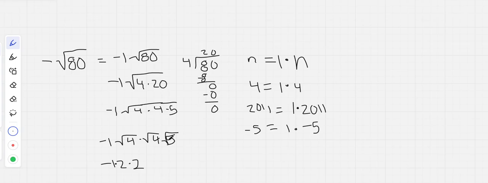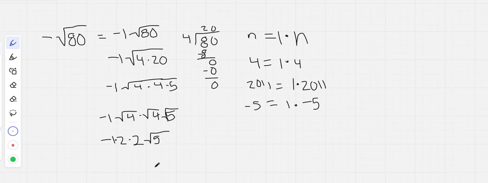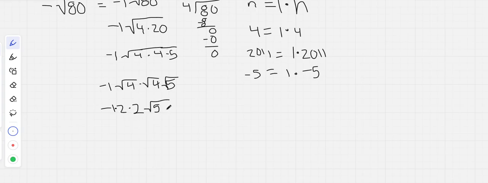We forgot our radical symbol here, times the square root of 5. The square root of 5 can't be simplified any further because there aren't any perfect square factors of 5. And now we just simplify this. -1 times 2 is -2, and -2 times 2 is -4. So -4 times the square root of 5.